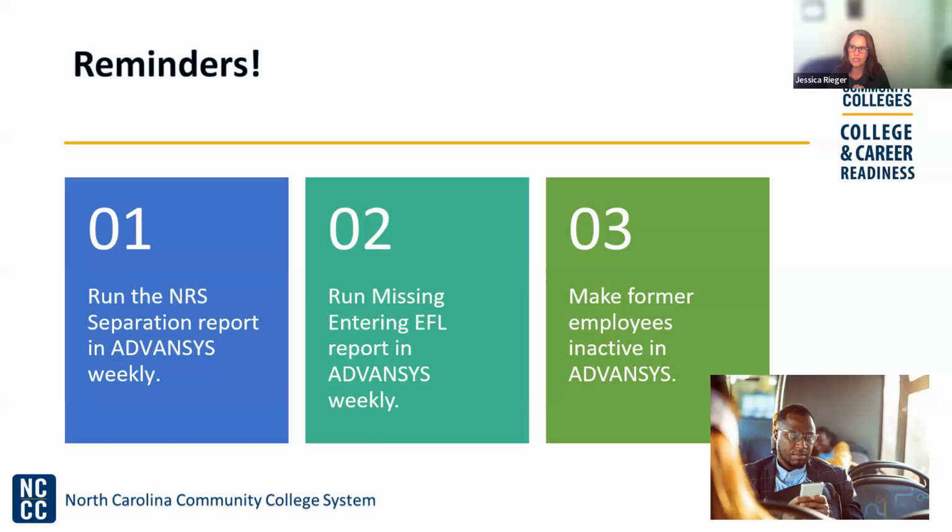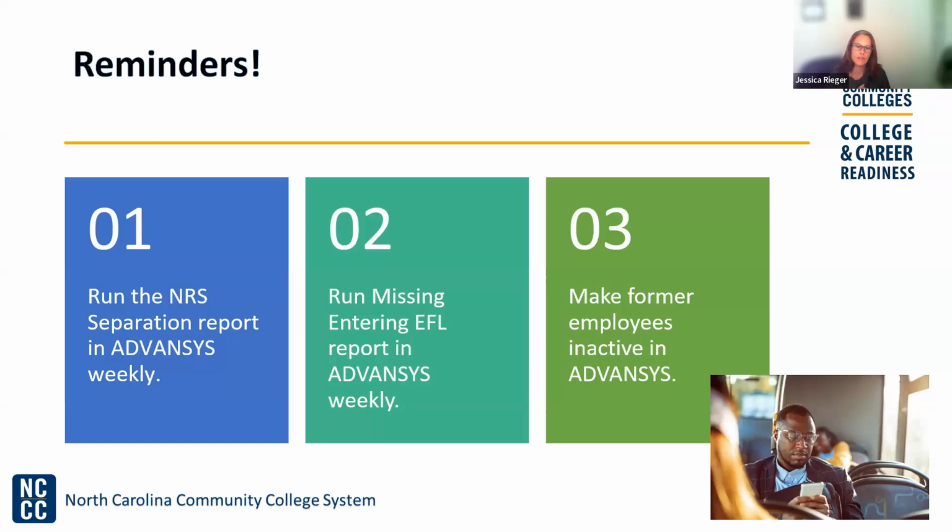We know that now is the time that a lot of folks are finalizing or getting ready to finalize their ICR reports for the colleges. That means there are a tremendous amount of ServiceNow tickets coming in with, can you add this student back? Can you unlock the student? Can you unapprove attendance?